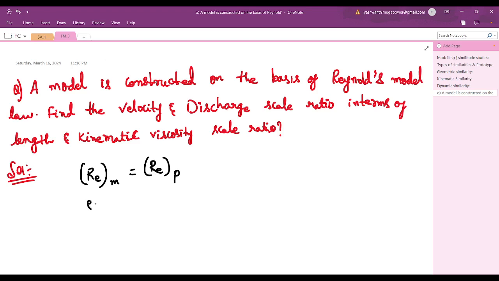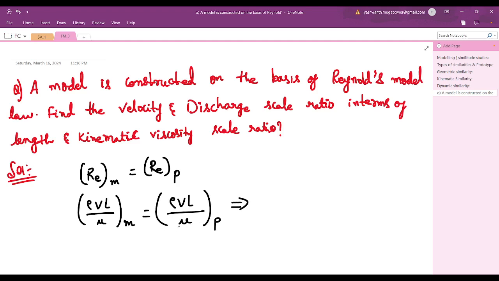It is rho V L by mu of the model, equal to rho V L by mu of the prototype. And one more thing we know, this mu is the dynamic viscosity. Dynamic viscosity by density is the kinematic viscosity, which is represented like this.